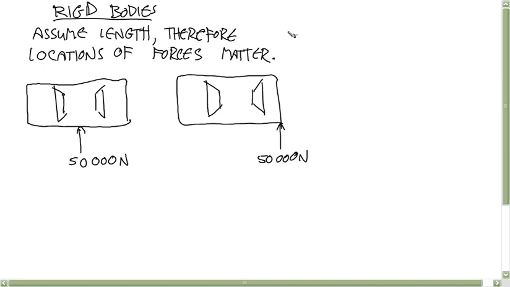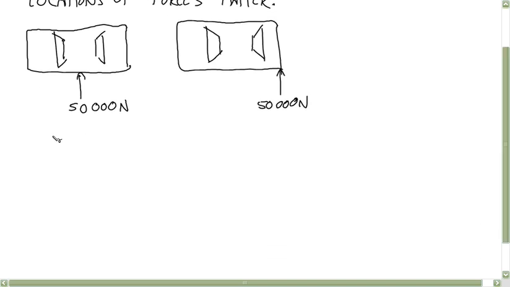And so that's what we're going to talk about. That spinning comes from moments of forces about a point. And that's the first thing we're going to talk about. So, moment of a force about a point.